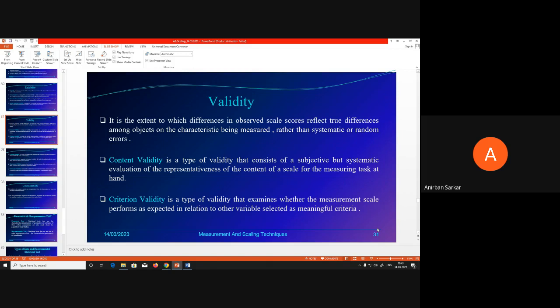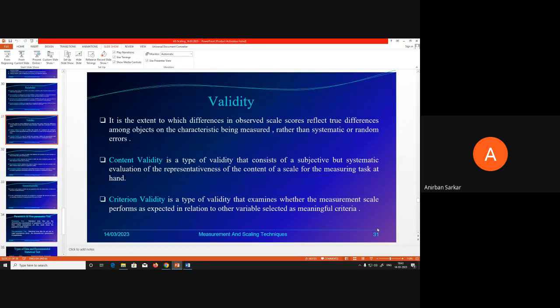Concurrent validity is assessed when the data on the scale that you are evaluating and the data on the criteria variables, like psychographic, demographic, or attitudinal variables, are collected at the same time. There is a predictive validity as well.